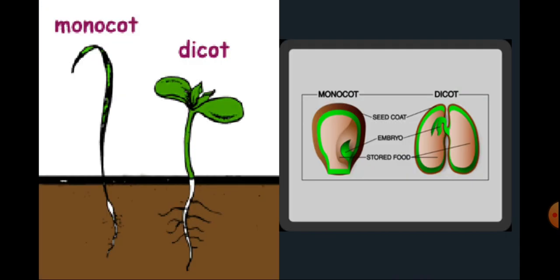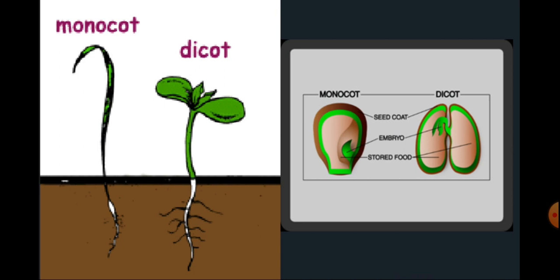Children, see the picture of baby plants of monocot and dicot seed. The monocot plant has one seed leaf or one cotyledon, and dicot plant has two seed leaves or two cotyledons. Okay?